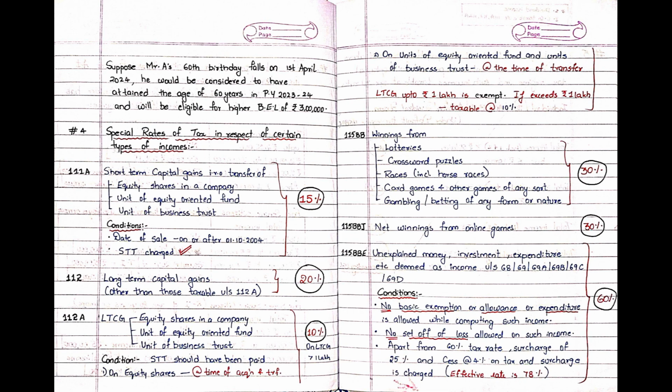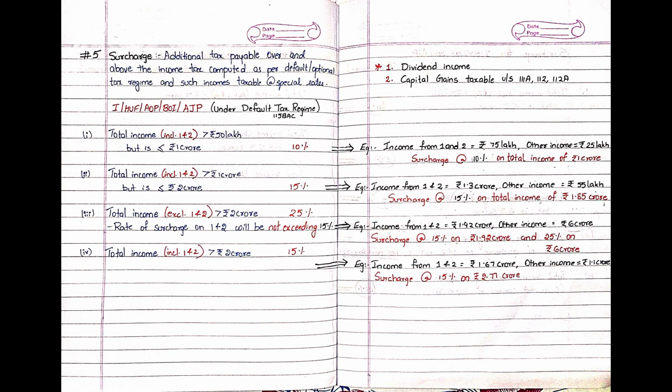Now let us discuss the next topic, surcharge. What is surcharge? Surcharge is nothing but the additional tax which is payable over and above the income tax. That is, usually after computing the income tax as per the default tax regime or as per the normal provisions of the Annual Finance Act, additional tax on such amount is payable.